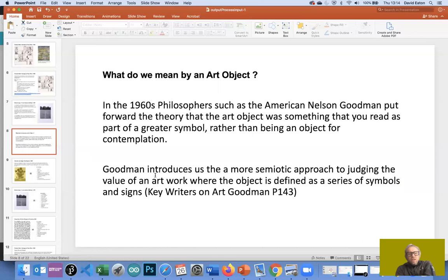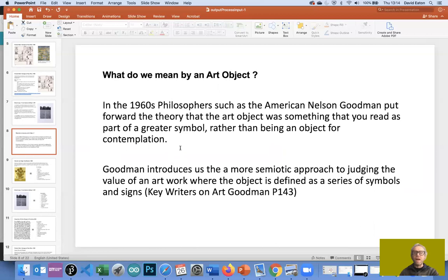In the 1960s, as I've written down here, philosophers such as the American Nelson Goodman put forward a theory that an art object was something that you read as part of a greater symbol rather than being an object for contemplation.